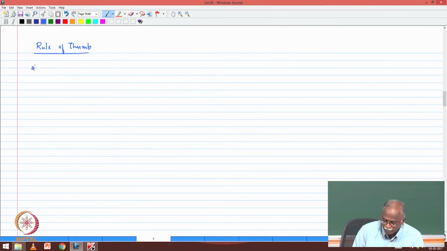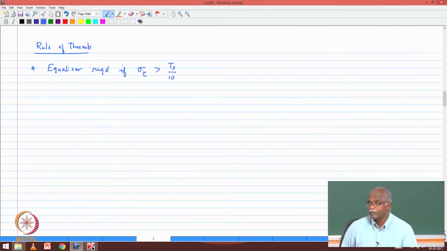So the rule of thumb, which talks about the dispersion aspect, says that an equalizer is required if your RMS delay spread is greater than T symbol by 10. Okay? So if you have a channel that looks like this, the maximum excess delay may be quite large, but the RMS delay spread may still be very small and you may be able to get away without an equalizer.